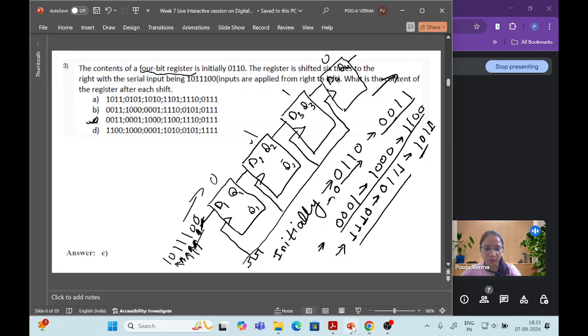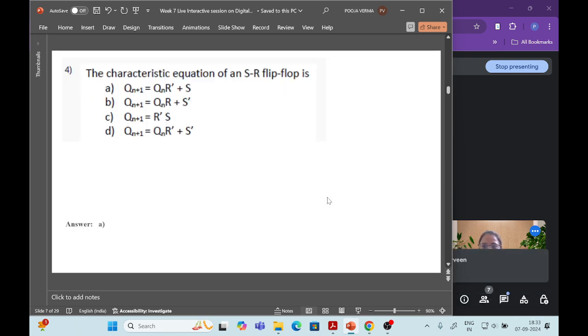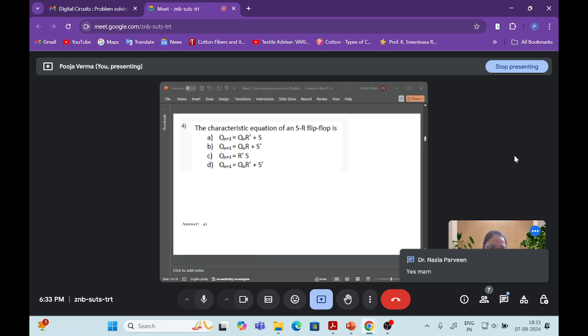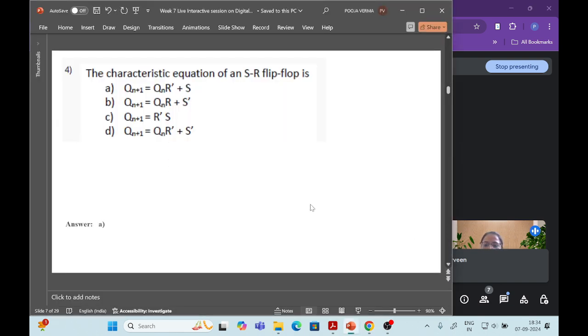Okay, so let's move to the next question. I hope all of you know the answer to this question. What is the characteristic equation of the SR flip-flop?